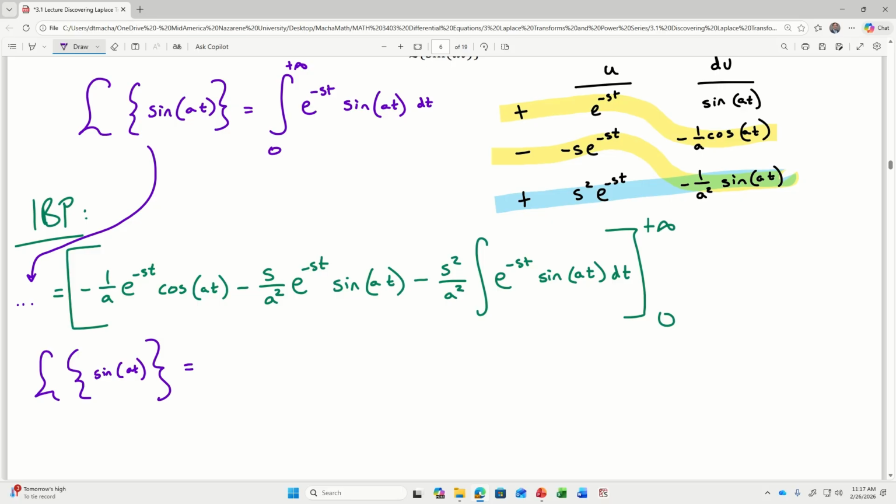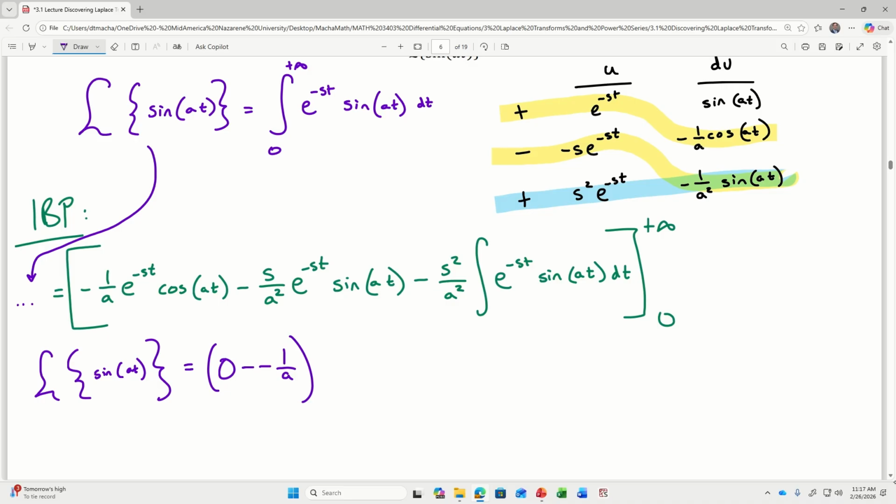That's a 1. What's cosine of 0? 1. So it's negative 1 over a times 1 times 1 at the lower bound. So for the first term, I get 0 minus negative 1 over a times 1 times 1.